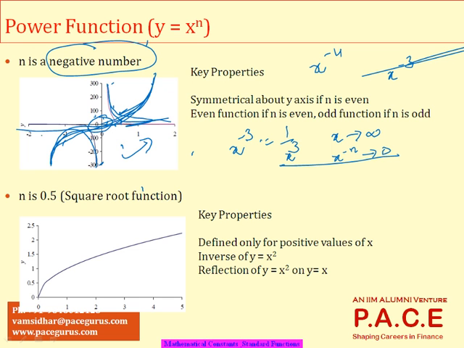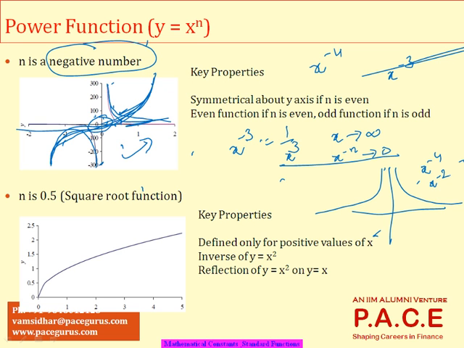A similar kind of approach is seen when n is a negative odd number, whereas if n is a negative even number, we see a similar kind of shape. This side remains the same, whereas instead of in this quadrant, we see the graph more in this quadrant, more symmetrical about the y-axis, especially for x to the power of minus 4 or x to the power of minus 2 kind of shapes.